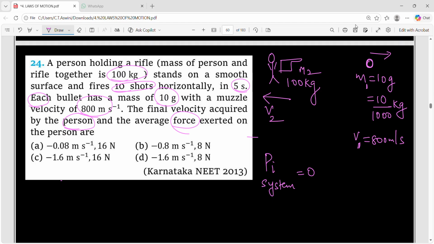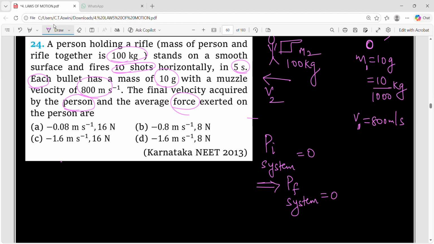So according to conservation of momentum, the final momentum of the whole system also must be 0. So what is the final momentum here? The momentum of the person and the momentum of the bullet. So this summation must be 0.